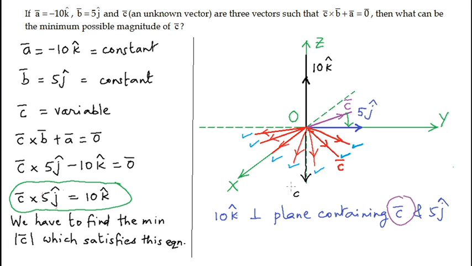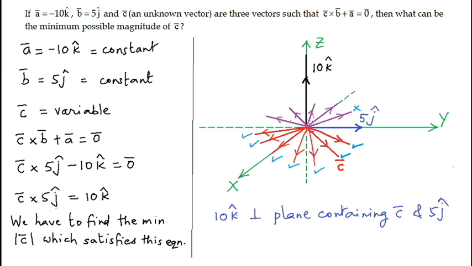So that would be the direction of C bar cross 5j cap. In other words, this particular direction for C bar is unacceptable, and hence I'll just put a cross in front of it. It's an unacceptable direction.